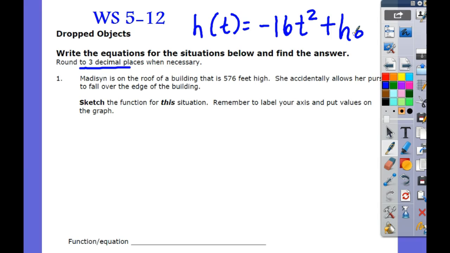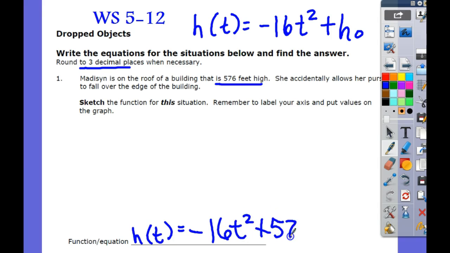This is only the equation for dropped problems. Now, would we agree that's the height? Where is that 576 number going to go in my equation? It's going to be the last number in my equation. So down here in this answer blank, this is going to be negative 16t squared plus the 576.